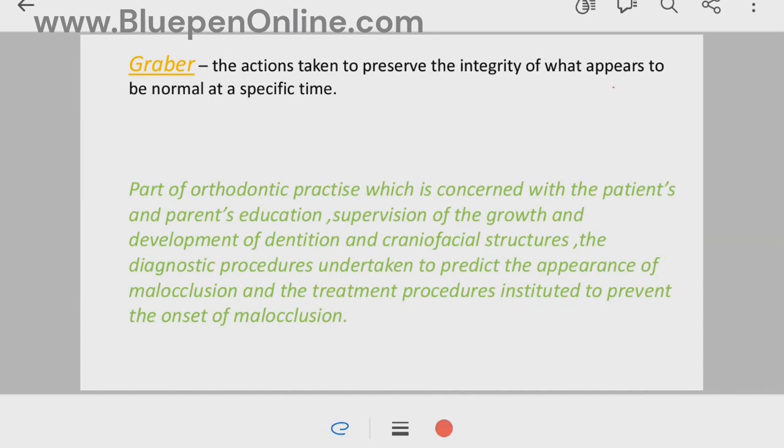Patient's education is also there, but parent's education is very important, because these all are kids, and we do this in the digital education period, so parent influence is very high, right? So parent education, patient education also. Then supervision of growth, development of dentition, craniofacial structures, diagnostic procedures undertaken to predict the appearance of a malocclusion, treatment procedures instituted to prevent the onset of malocclusion. So these all come under what? Preventive orthodontics.